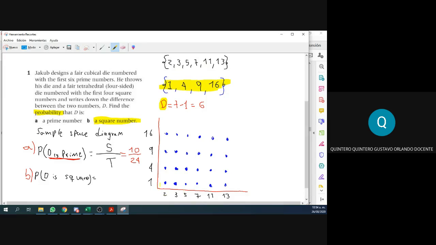So look, 2 minus 1 is 1. 1 is a square number. 3 minus 1 is 2, so not a good one. 5 minus 1, 4, so a square number. 6 is not, 10 is not, 12 is not. All right. 2 is not. 1 is a square number. 1 is also a square number. 3 is not. How much is this? This is 7, right? So no. And this is 9. 9 is a square number.